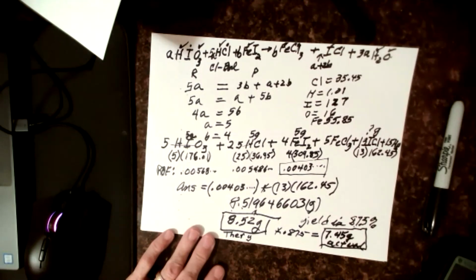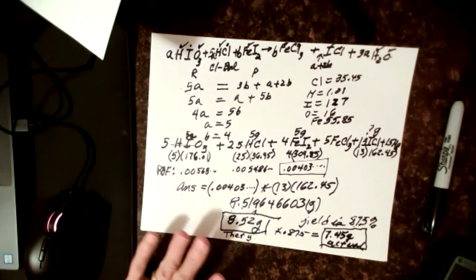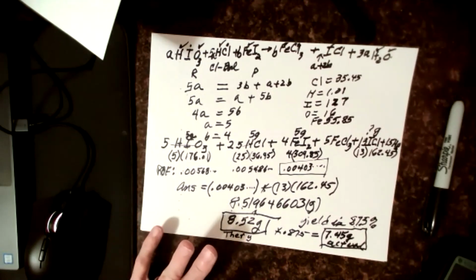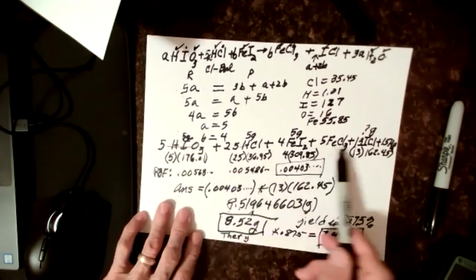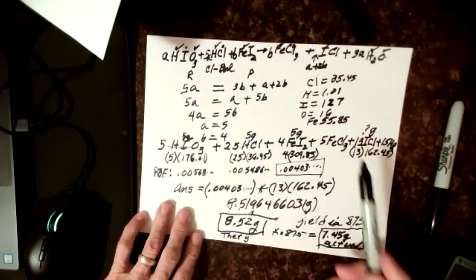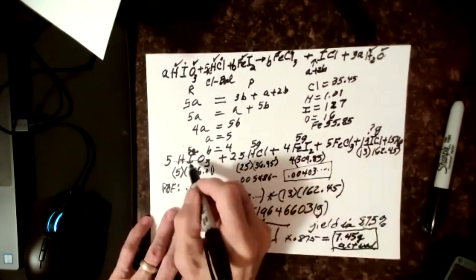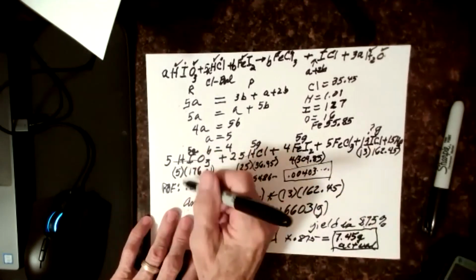Now, this problem has just about everything I can think of to throw at you. I couldn't come up with an equation much more complex than that one. But I want you to notice the format I used that saves a lot of time.